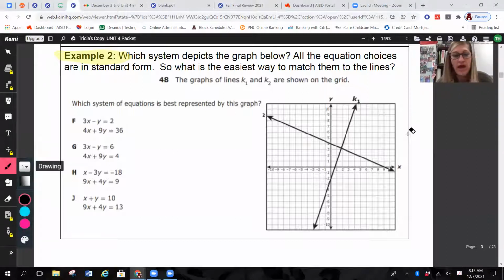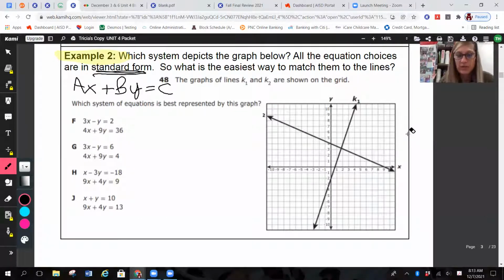So if I could just quickly give you a reminder, all of these equations are in standard form. Remember, standard form is when you have your x term plus or minus your y term equals a number, your c term.